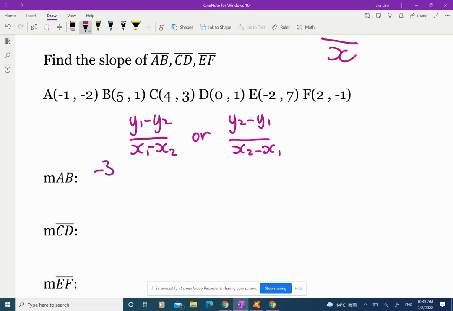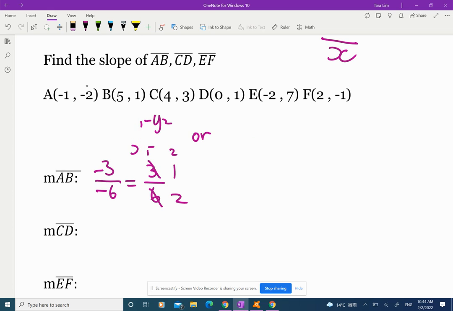And now x1 minus x2, because we did negative 2 minus 1, when we solve for x, we can't do 5 minus negative 1. We'll have to use the same pattern, so negative 1 minus 5. So negative 1 minus 5 is negative 6. So that is the slope already. But we need to simplify it. So negative 3 over negative 6 is 3 over 6. And that is the same as 1 over 2.